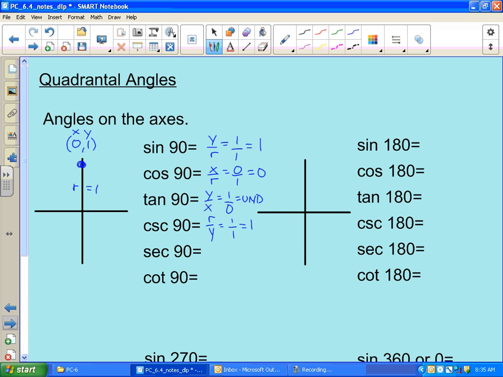Secant, the reciprocal of a cosine, r over an x, a 1 over a 0, also undefined. And the cotangent, the reciprocal of tangent, x over y, giving me 0 over 1, which is 0. So all of that happens at 90 degrees.